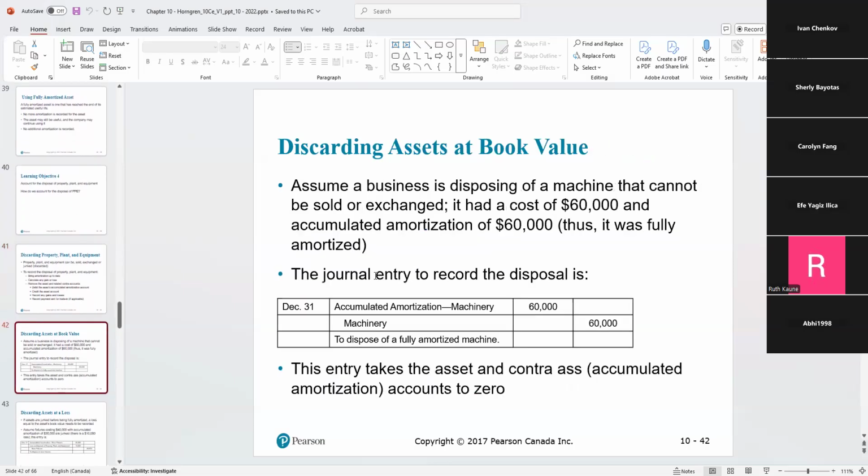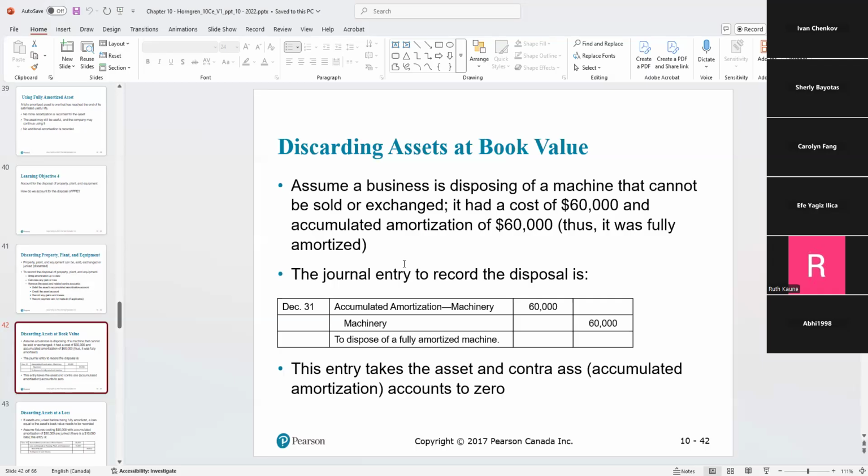Let's see this one. The first option is we use the asset, we amortize the asset, and we stop using the asset completely. We're not selling it, we're not doing anything.